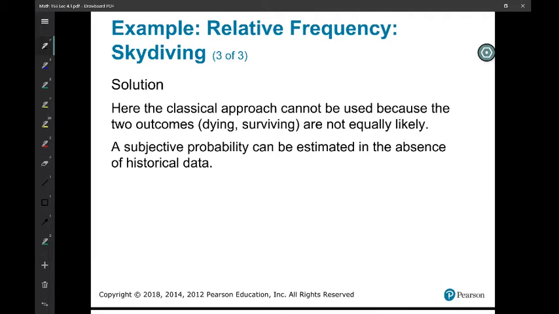And this is an example where the classical approach cannot be used because the outcomes of dying and surviving are not equally likely at all.